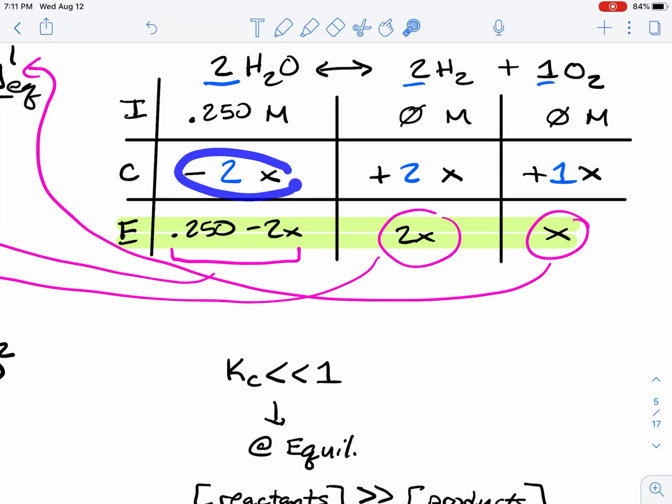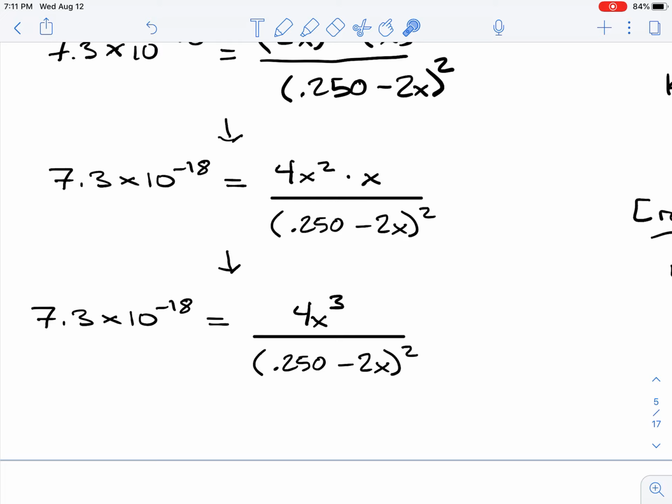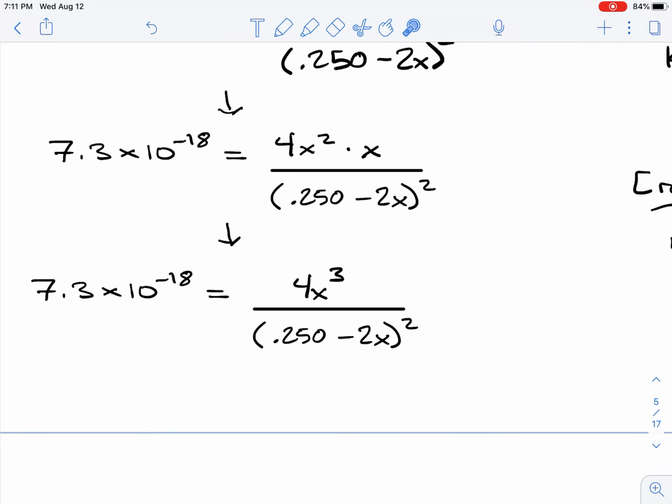And so that's why we can go ahead and approximate this change to be 0. And if we apply that trick, if you will, it'll allow us to solve this expression a lot easier and a lot faster. And we don't have to use some fancy math technique to solve for the root, to solve for x.